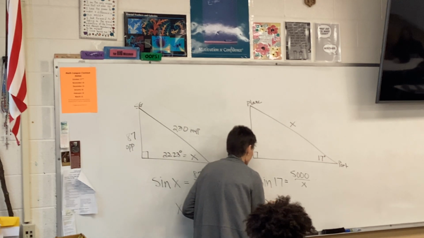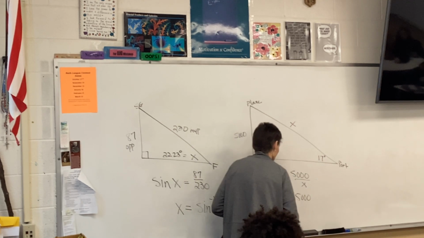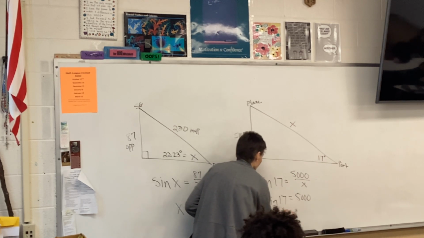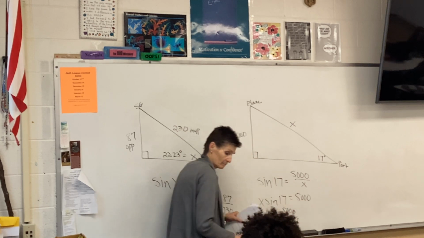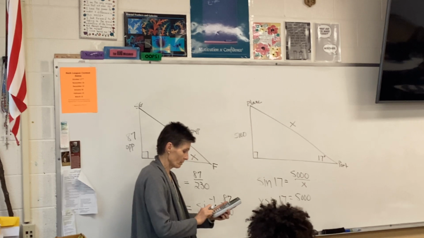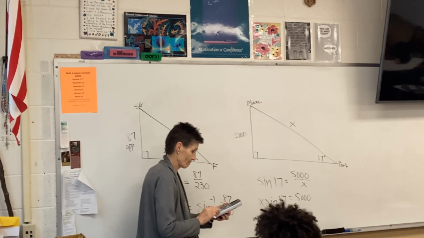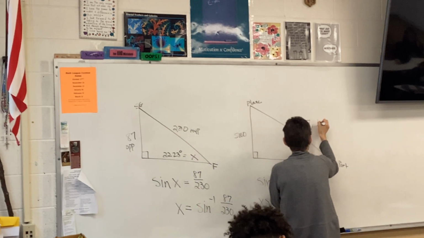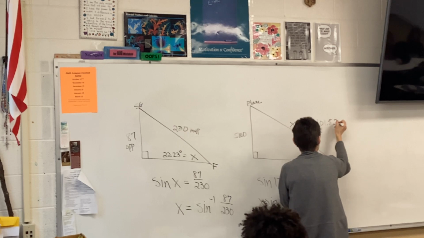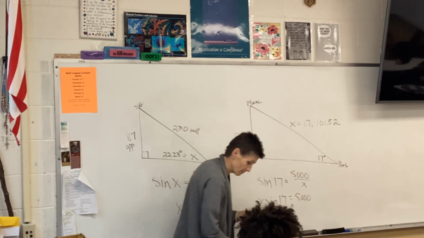So x sine 17 equals 5,000. And 5,000 divided by sine 17. It's probably going to be a big number. 17,101.52, was it feet? Feet.